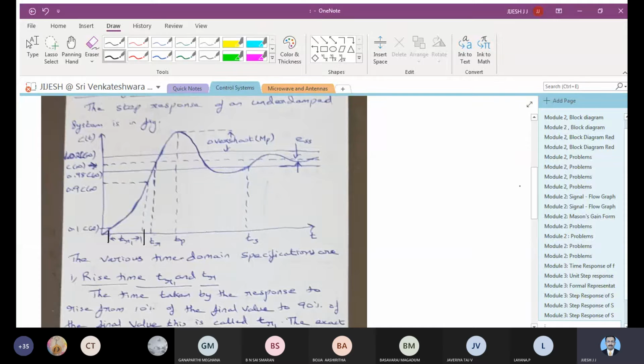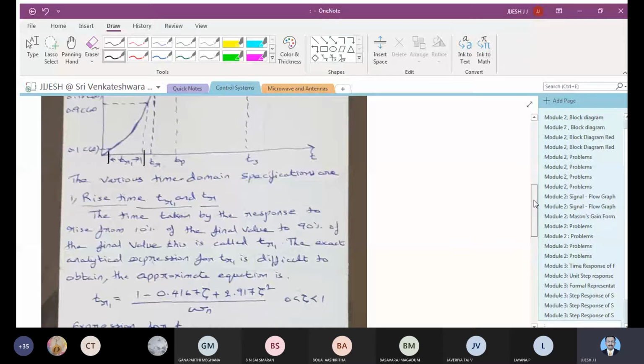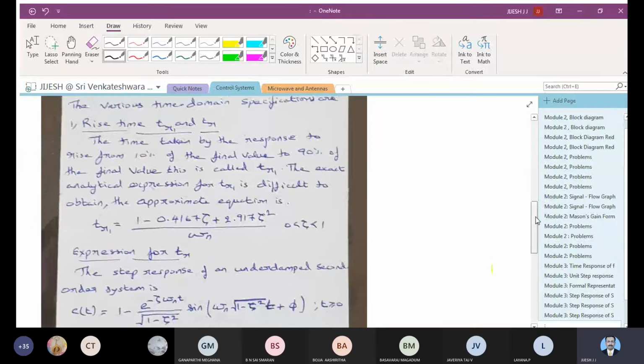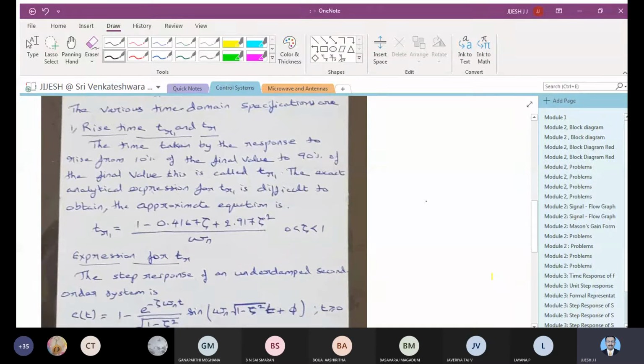The various time domain specifications are, the first one is rise time. It is denoted as TR1 and TR. The time taken by the response to rise from 10% of the final value to 90% of the final value is called TR1. This is very important.